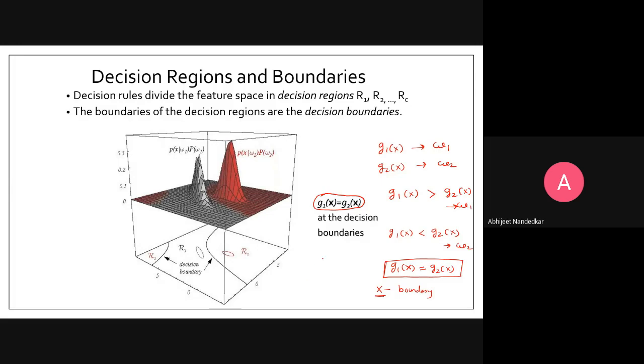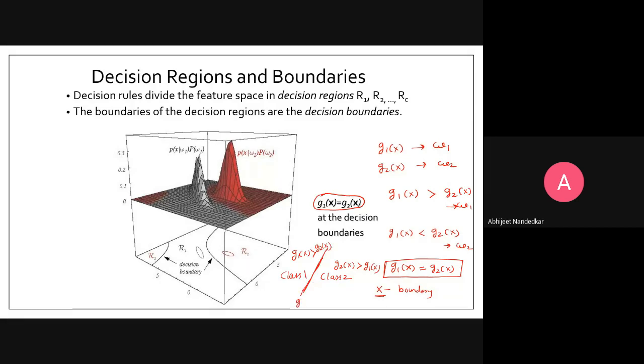One side of the decision boundary is class 1 and the other side is class 2. So here g2x is greater than g1x, on this side of the line, and on this side g1x is greater than g2x. What will happen on this boundary?